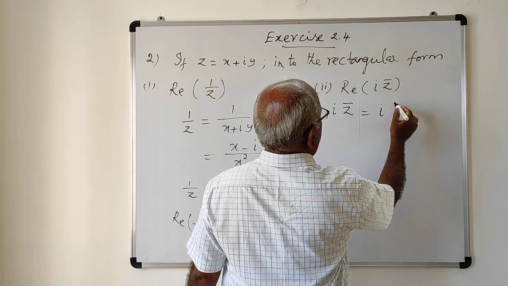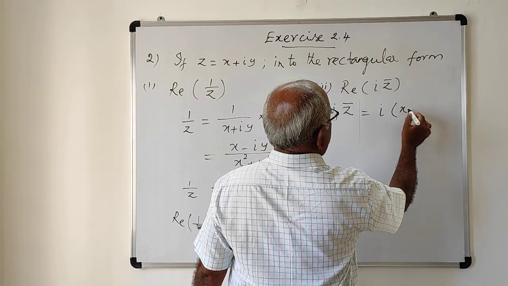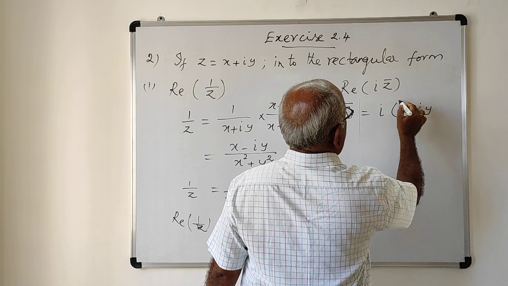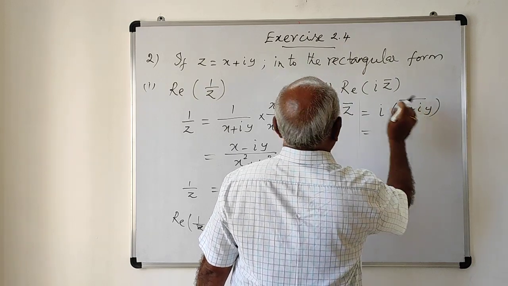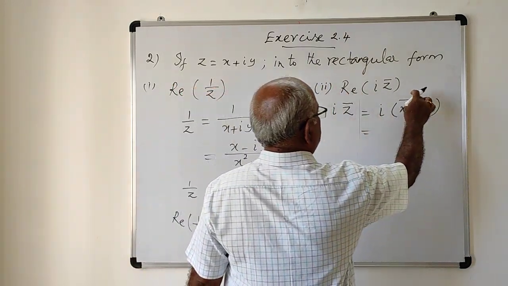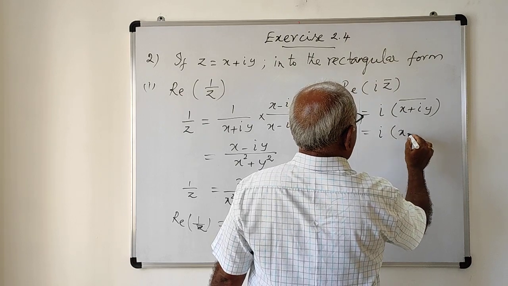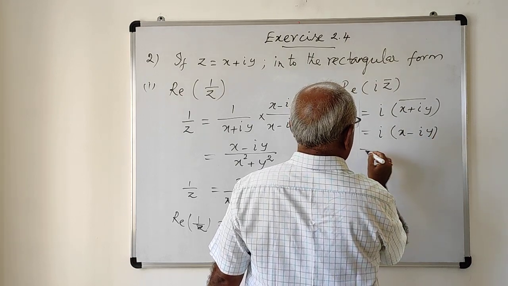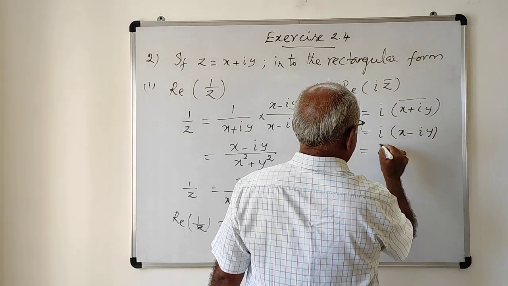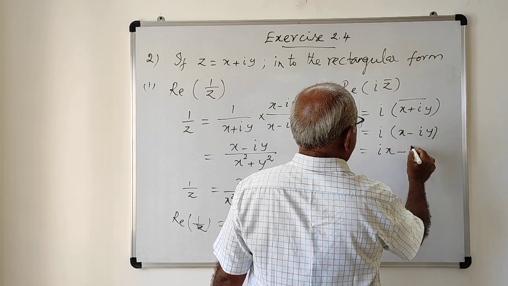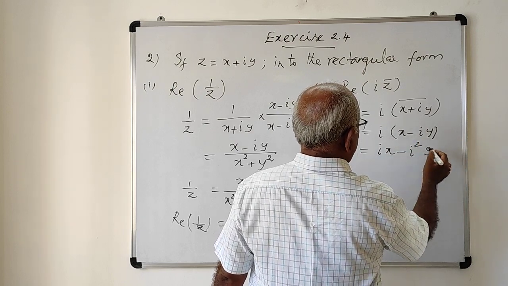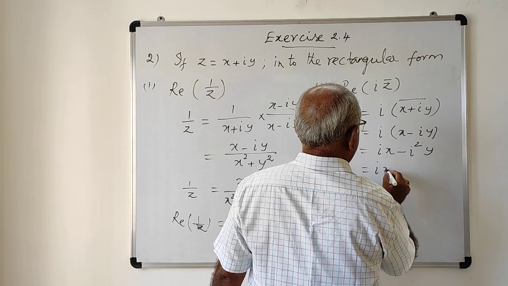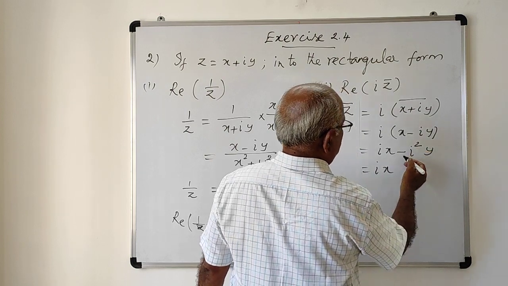I times z bar, where z bar is the conjugate of x plus iy, which is x minus iy. Multiply by i, this is ix. This is minus i square y. This is ix. i square is minus 1, minus into minus is plus y.